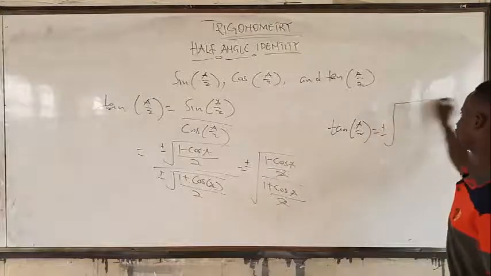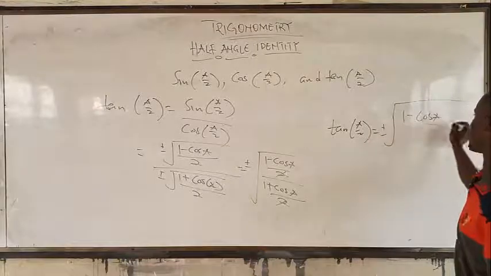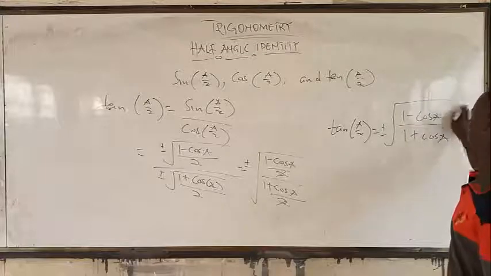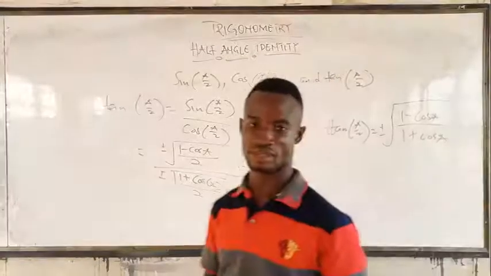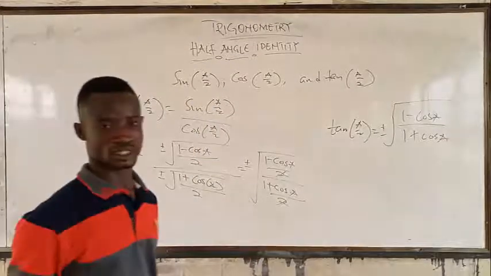Don't forget bringing the plus or minus. The square root of 1 minus cos A over 1 plus cos A. Very simple and precise. That is going to be the half angle for tan.